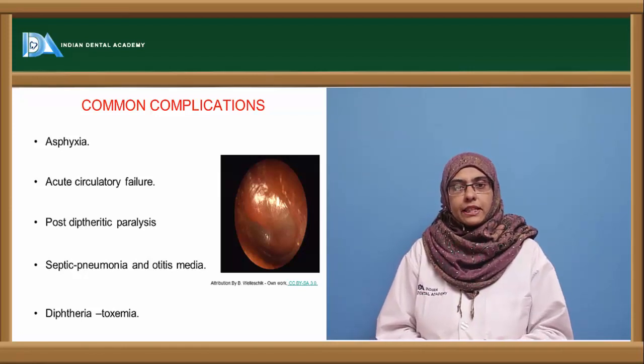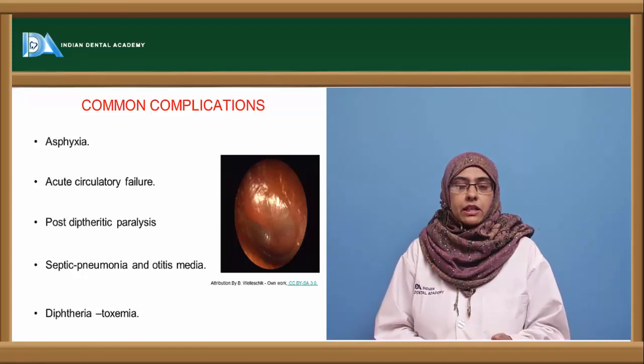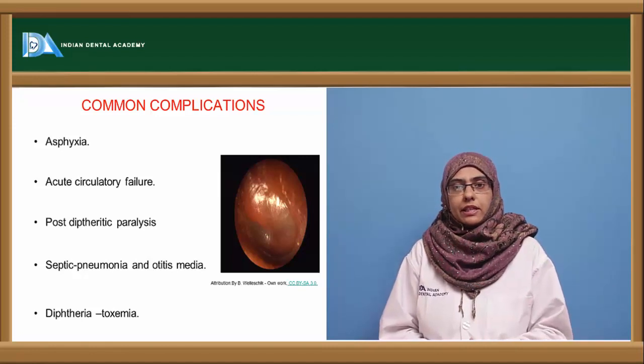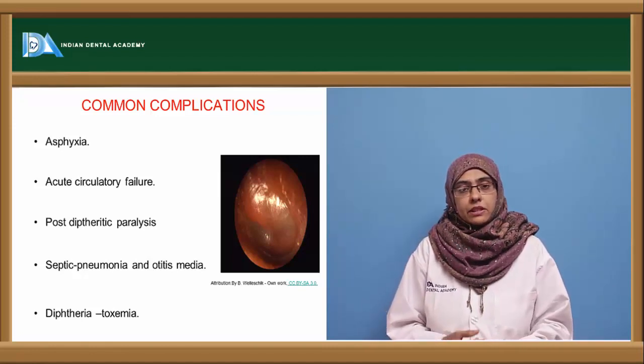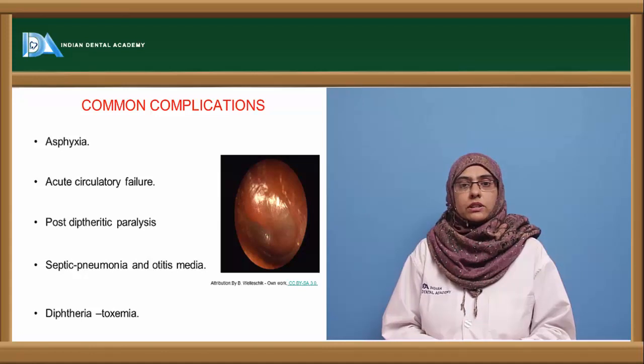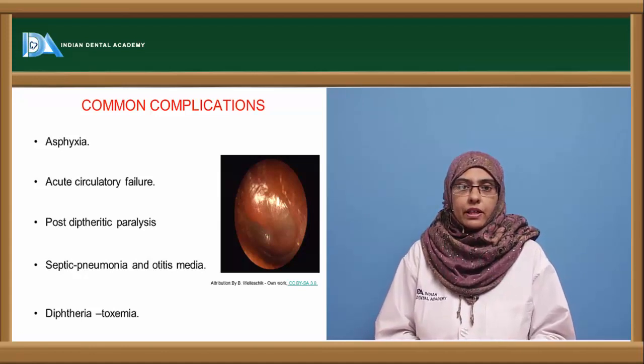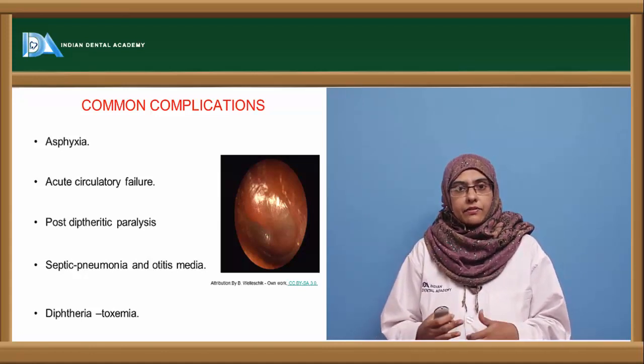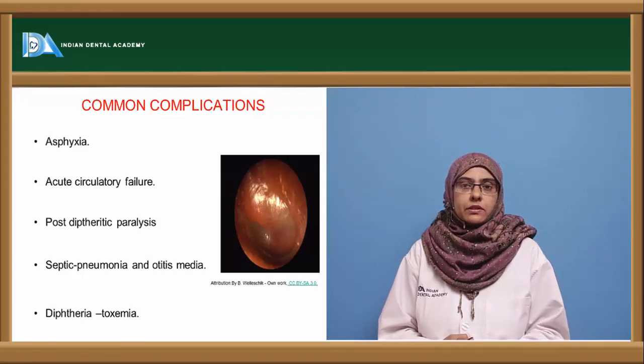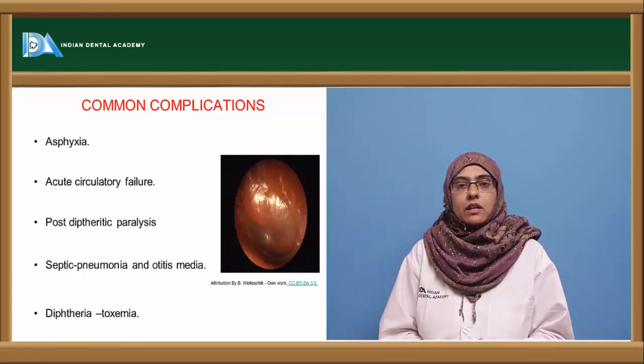Asphyxia is mostly seen in the gravis and intermedius strains, and sometimes this can also cause acute circulatory failure, where the circulatory system fails due to the presence of toxins in the blood.